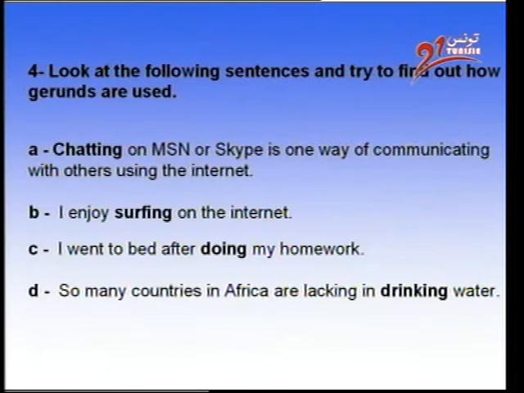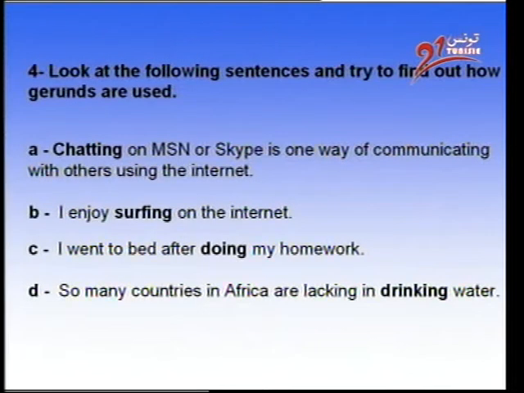Drinking water is a compound noun, as you know, because we have seen compound nouns, and we have seen that one of the compound nouns is a verb plus ing plus noun. And here we have a compound noun, so gerunds can be used in compound nouns. Now, let us put all these things together and see what rules we can extract from these sentences.